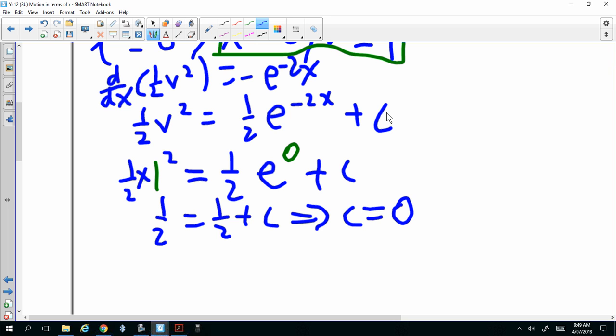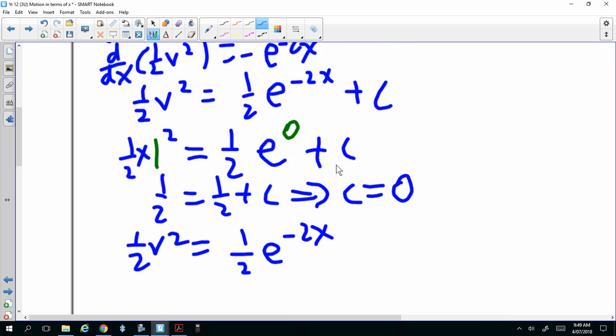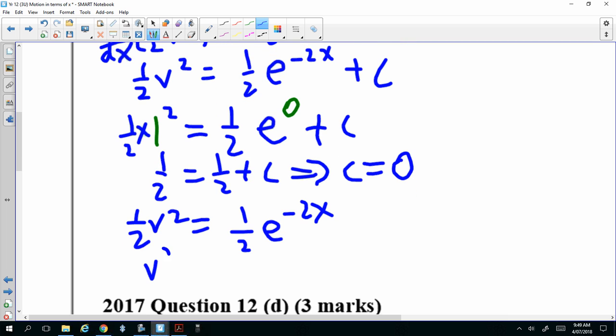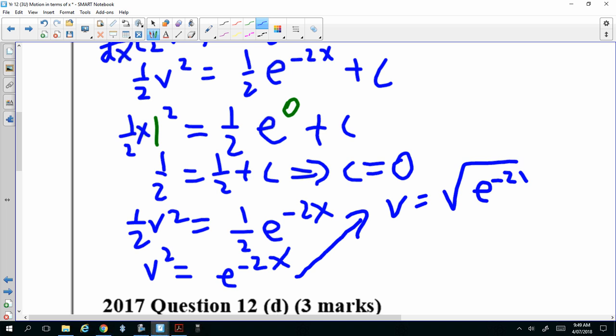Now you have to find v in terms of x, so you have to square root it. V equal to plus or minus square root of e to the power negative 2x. And when you square root, it's the same as taking it to the power of half. Half times negative 2 is negative 1, plus or minus.